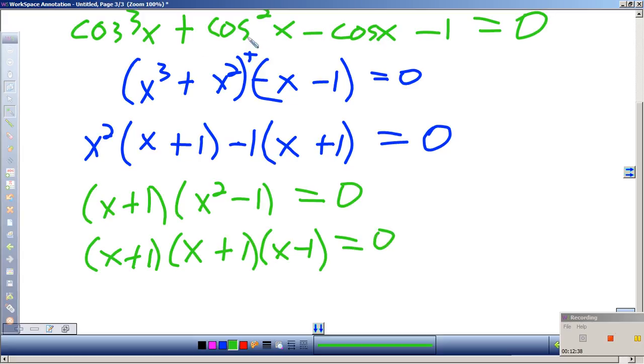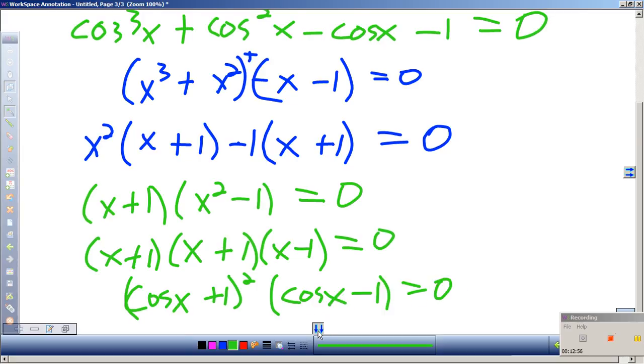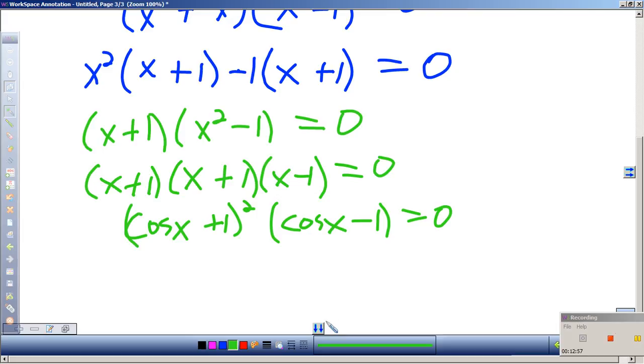So now, if we go back to cosine, these two are the same, so they'll yield the same solution, right? So I'm going to leave it as cosine x plus 1 squared and cosine x minus 1 equals 0. These two are the same. So now, what does cosine x equal?